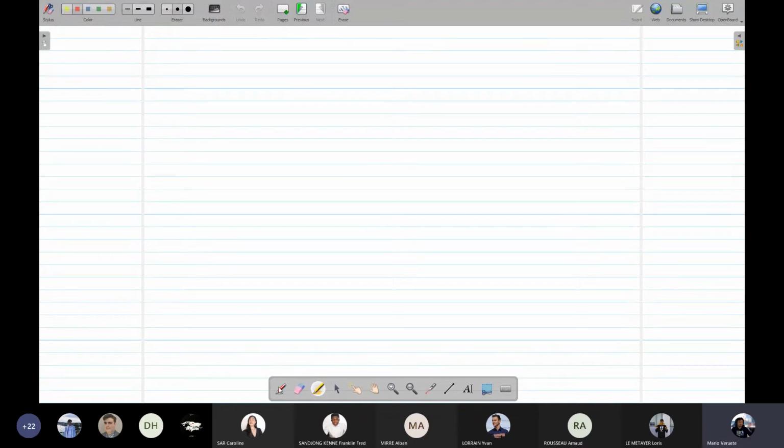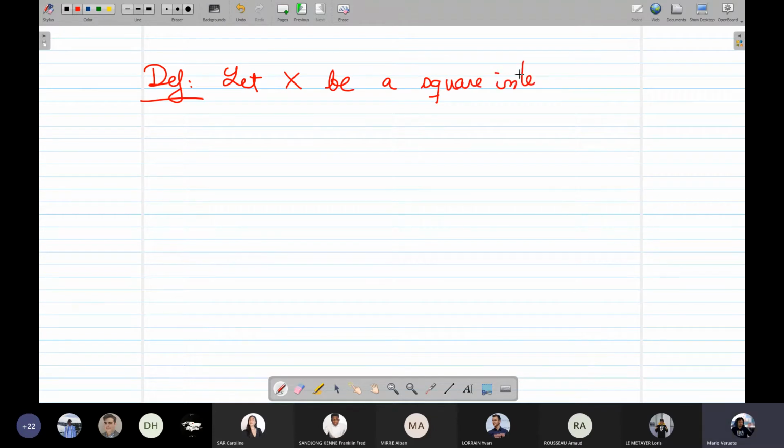Now, a second definition, which is the variance definition. Let X be a square integrable random variable.